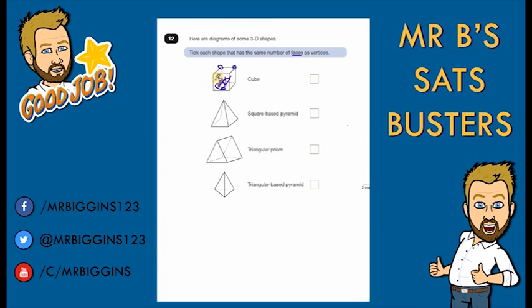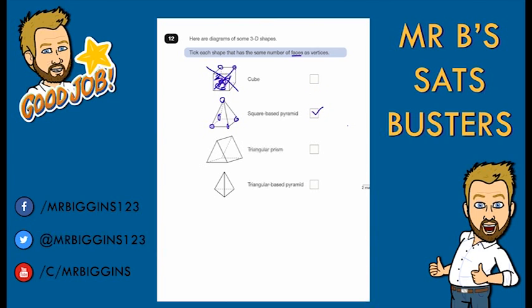Okay, so let's start counting faces. 1, 2, 3, 4, 5, 6 faces for the cube there. 1, 2, 3, 4, 5, 6, 7, 8, more than 6 vertices, so it can't be that one. It's hard sometimes to count. You can see the dotted line means that they're behind, so just really try hard to count those faces. 1, 2, 3, 4, 5 if you count the bottom face on the square base pyramid, and 1, 2, 3, 4, 5 different vertices.